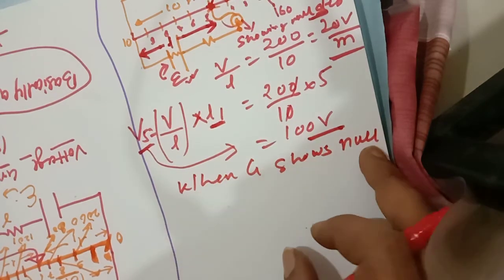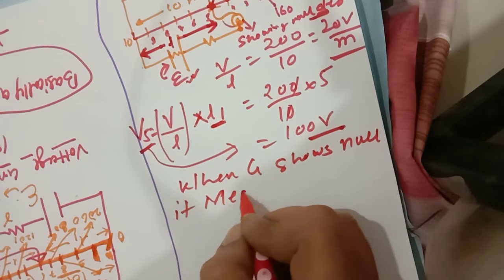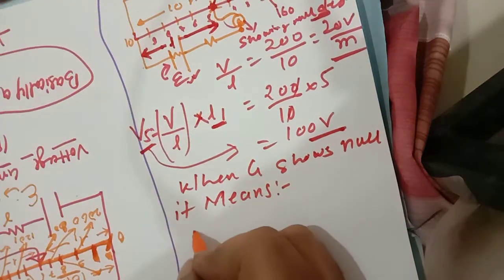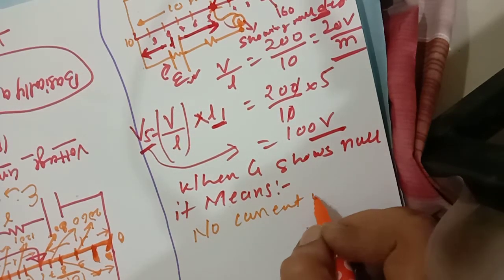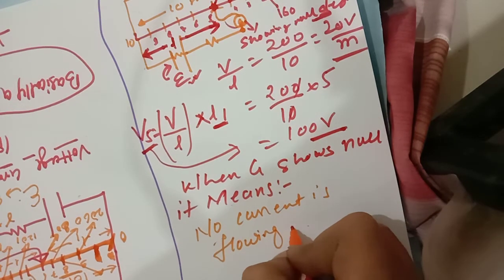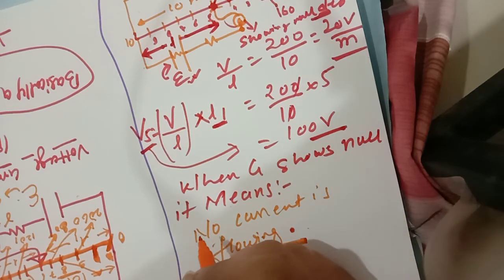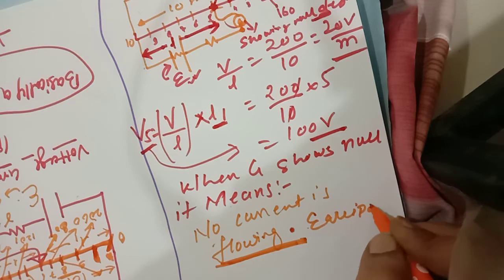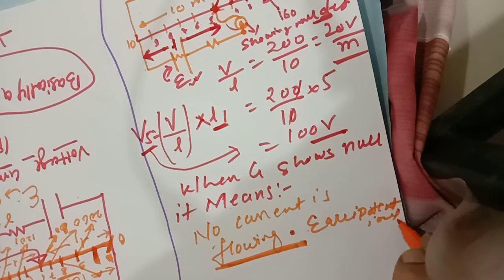It means no current is flowing. It means equipotential points. What is meant by equipotential? Same potential points.